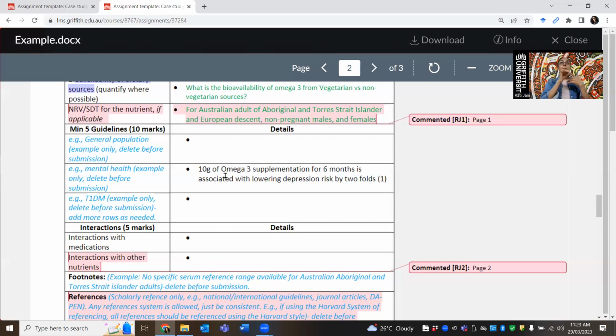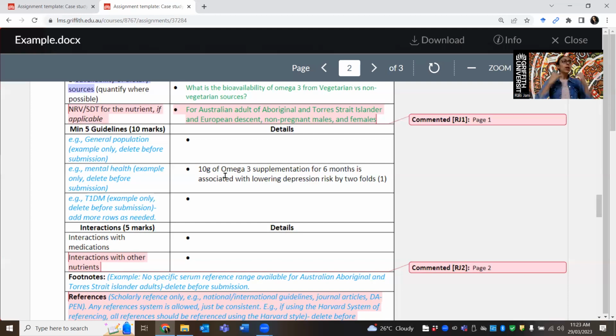Then I would look at meta-analysis. Why meta-analysis over systematic review? Because meta-analysis quantifies the numbers for you. There is 1.5 times the risk of, say, depression when people have low omega-3 levels. So meta-analysis quantifies things for you. Systematic reviews are where I would end.